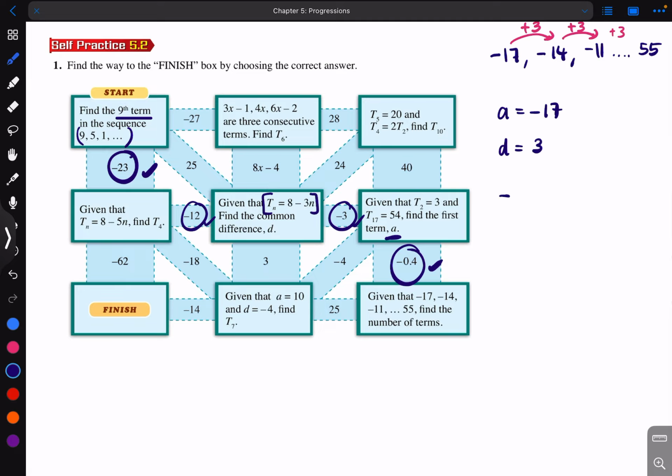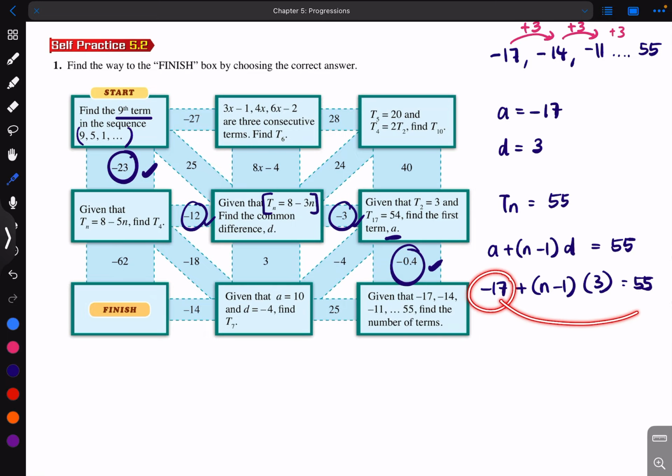So the difference is positive 3. Right. So Tn is 55. The nth term is 55. So we can say A plus n minus 1 d is 55. Then we know A is negative 17, D is 3, then we can find n. So what we can do is, we can bring the negative 17 over here first.